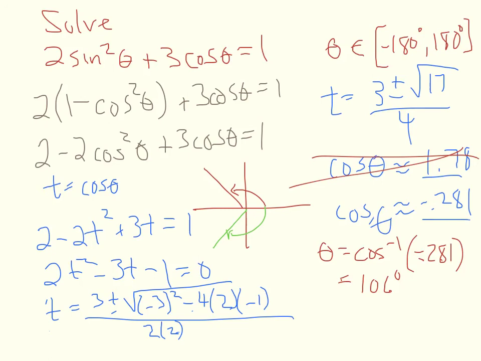The reference angle for 106 degrees is 74. It's 74 degrees away from the x-axis. So that means this green angle that I drew is 74 degrees underneath the x-axis. But remember, we're calling this negative 180 at this point. So what's our other answer? Our other answer, I hope you're thinking to yourself, well, it's negative 106 degrees.